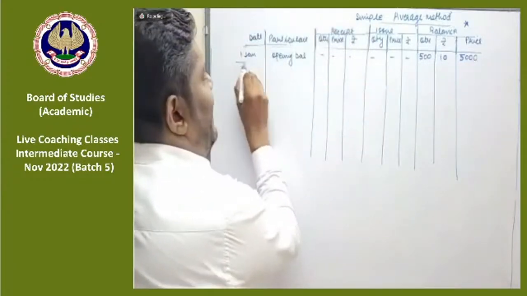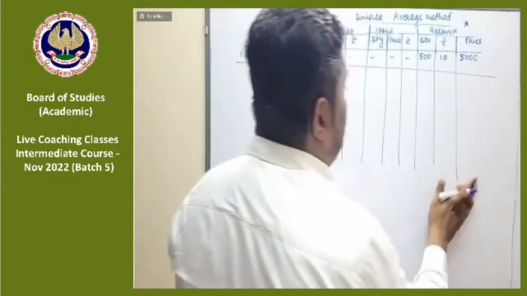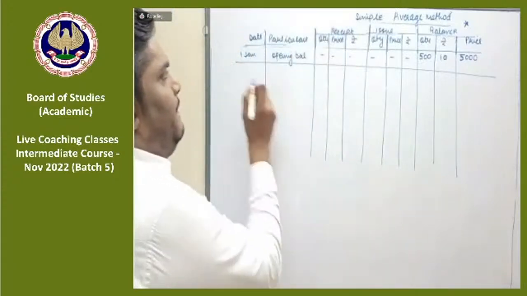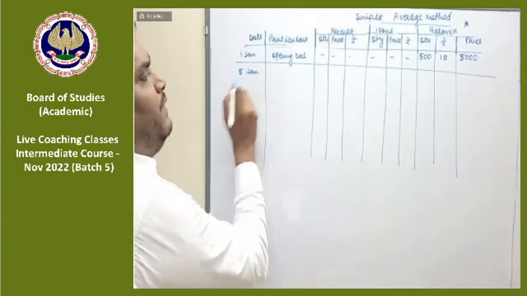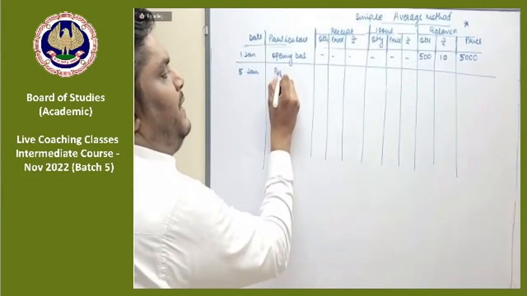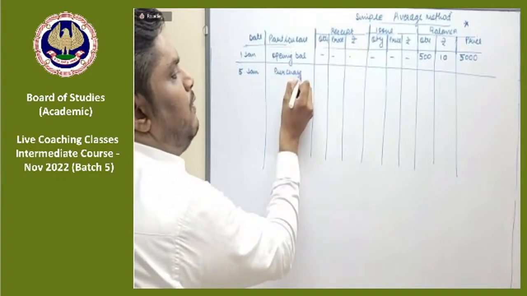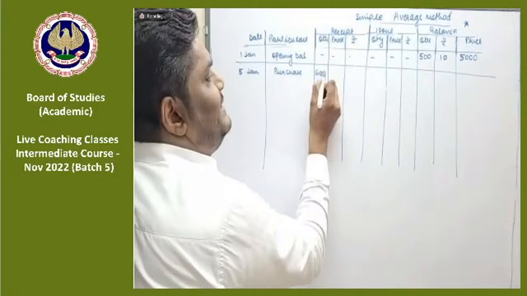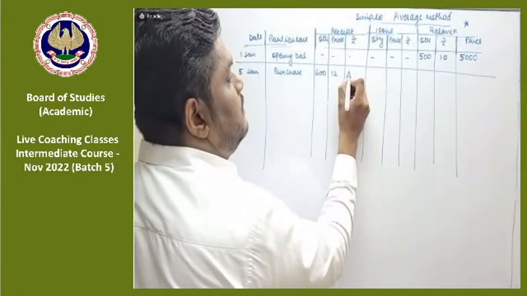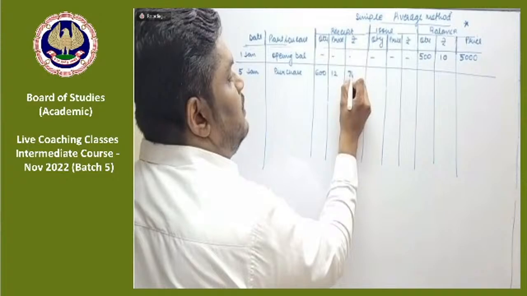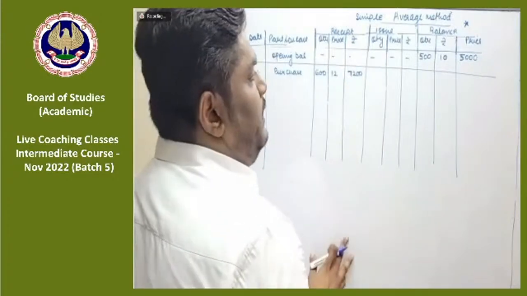This is the opening balance that is given in the question. Now let's say on 5th January, the company purchased 600 kgs of raw material at the rate 12. So this will be 7,200.